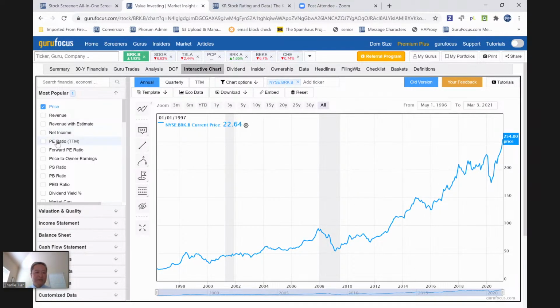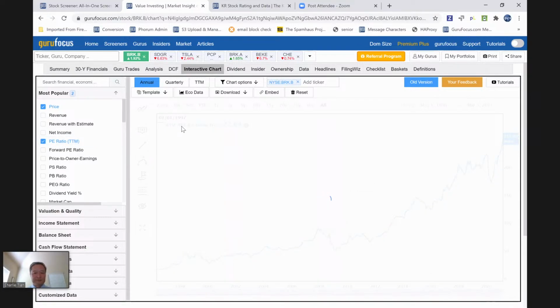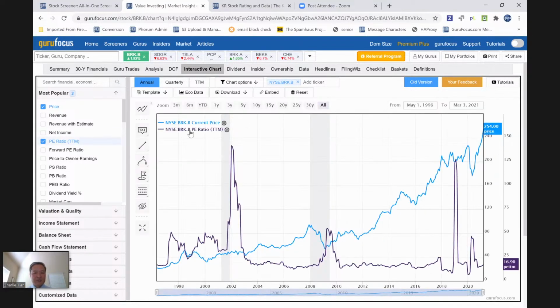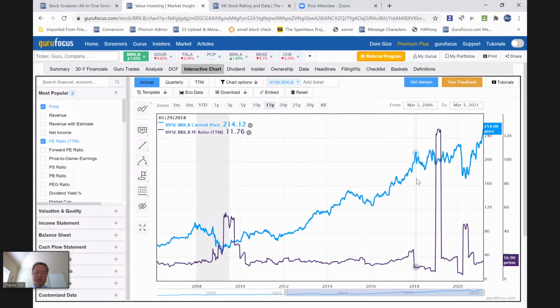Now if you look at the P/E ratio of Berkshire Hathaway, I just click on P/E ratio and look at the last 15 years. Berkshire earnings are quite unstable now, for several reasons. Berkshire has a large investment portfolio, and even the unrealized gain or loss is required to be calculated in the earnings these days. Warren Buffett criticized that, but unfortunately, it's still the reality.